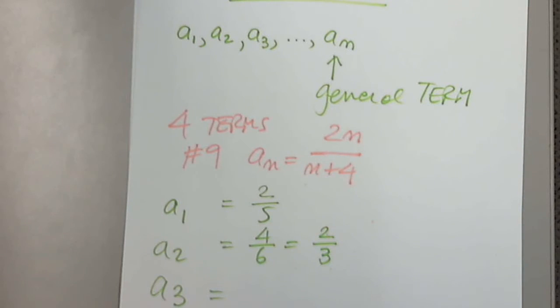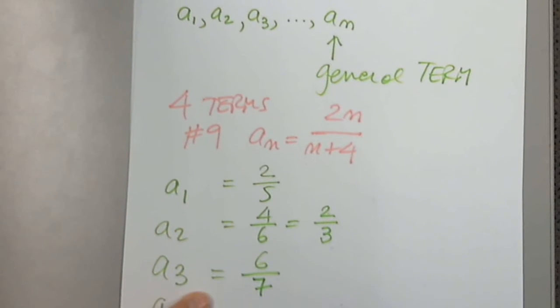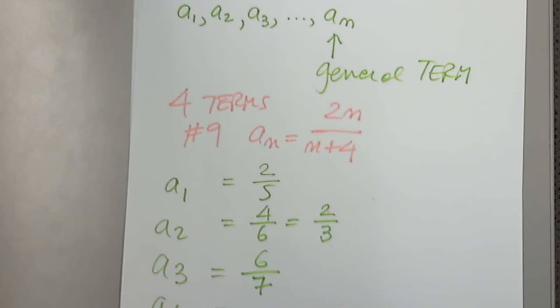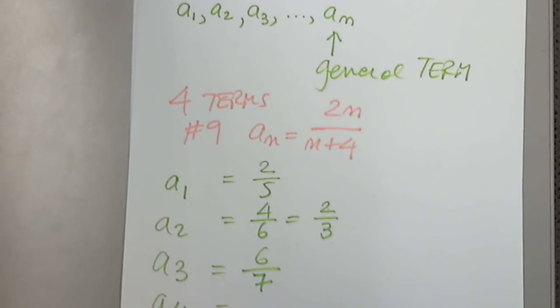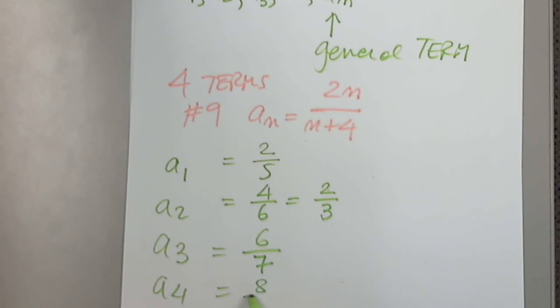A3, please. 6 divided by? It's okay. And A4, last one. Over? And I will simplify by 4, 2/3. Very good.